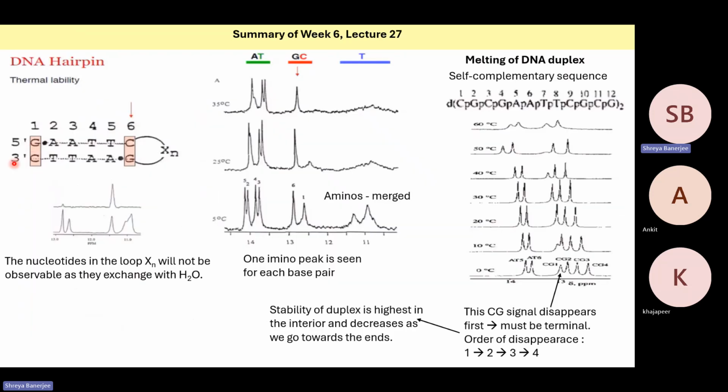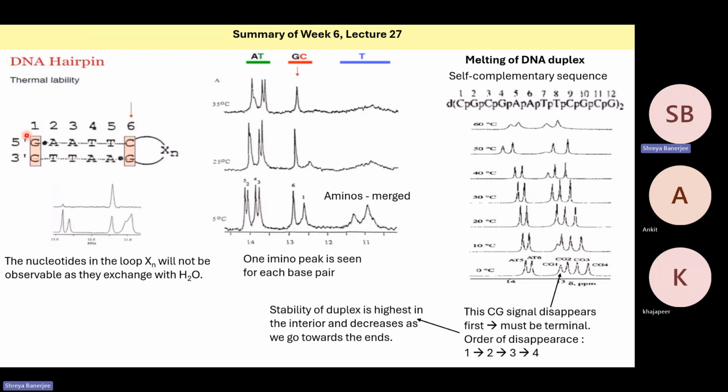But here it is clearly not symmetric because you have loop on only one side. So if you just look at the sequence, it appears to be symmetric because you have GAA-TTC. And again, if you read the lower strand from the opposite side, you have GAA-TTC. But still it is not symmetric because you have loop on only one side.